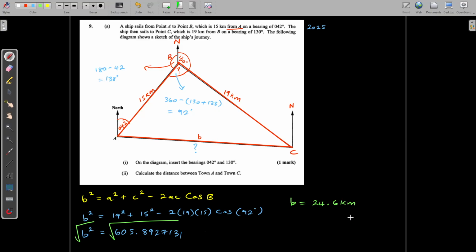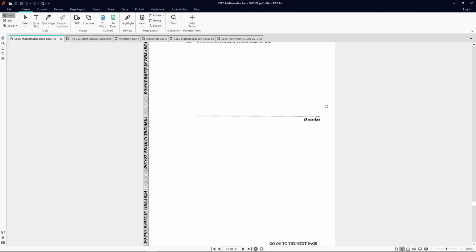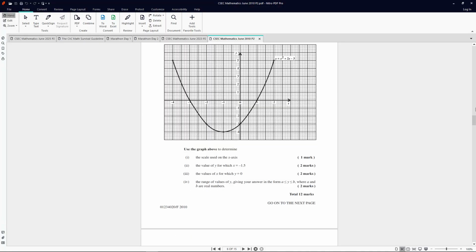And the reason why I rounded off like this is because on the cover sheet, where they give you the instructions, they specifically state that if you are doing a question and it didn't tell you what to round off to, always round off to 3 significant figures. They mention that on the front page of the document.